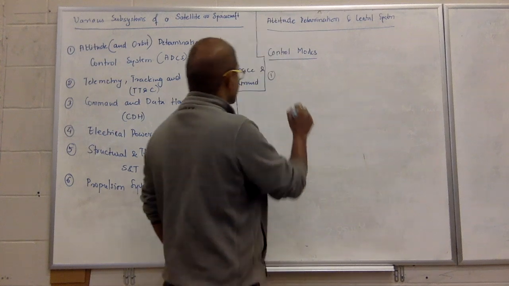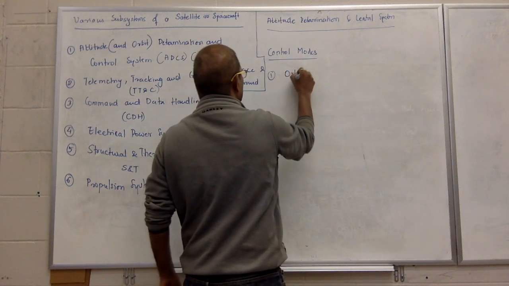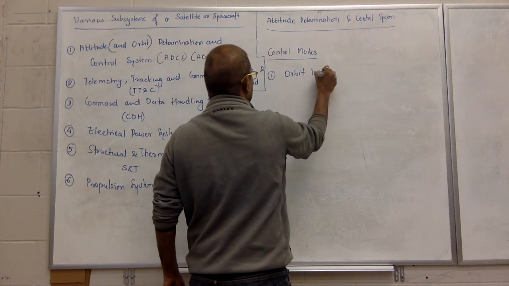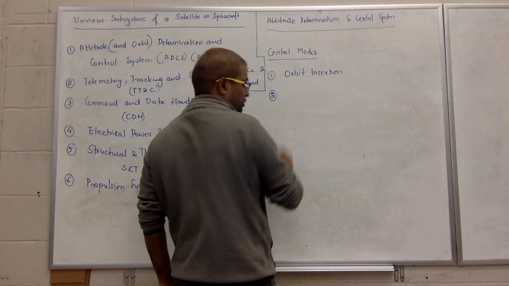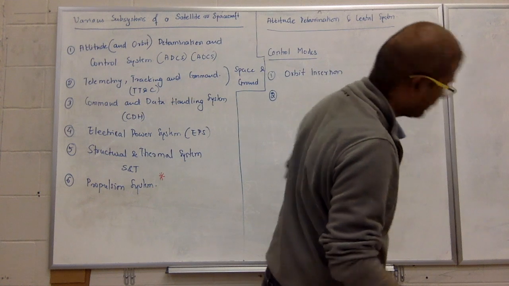So the first is orbit insertion. This is from a textbook. We'll talk about this. The second is acquisition.